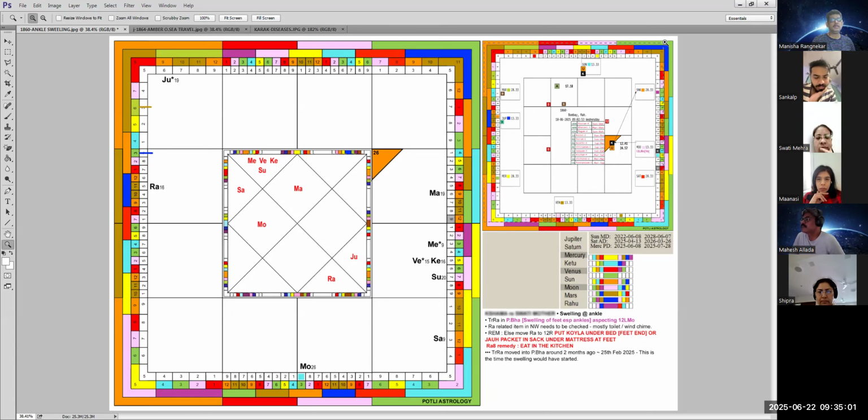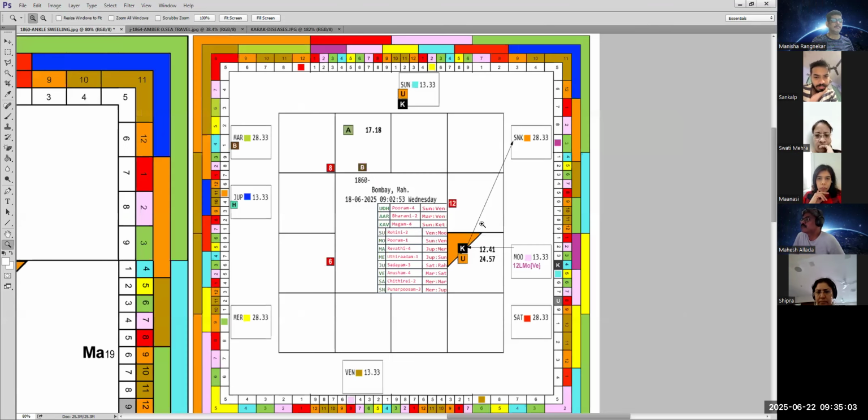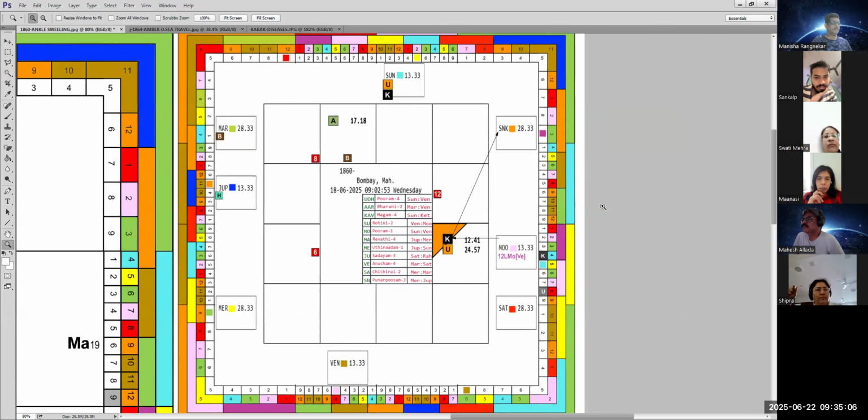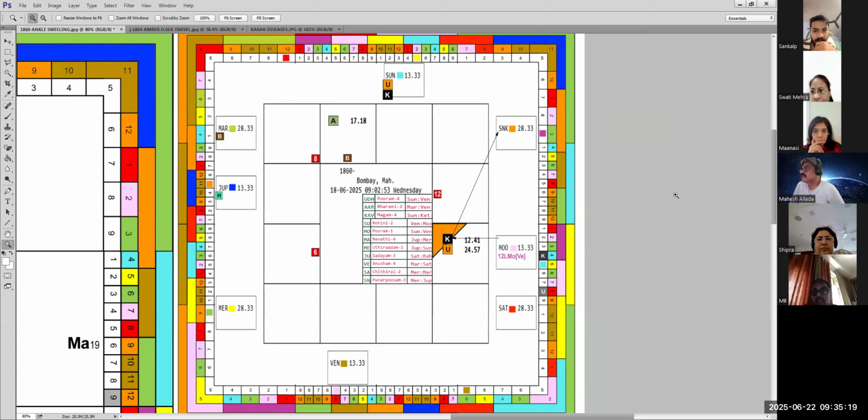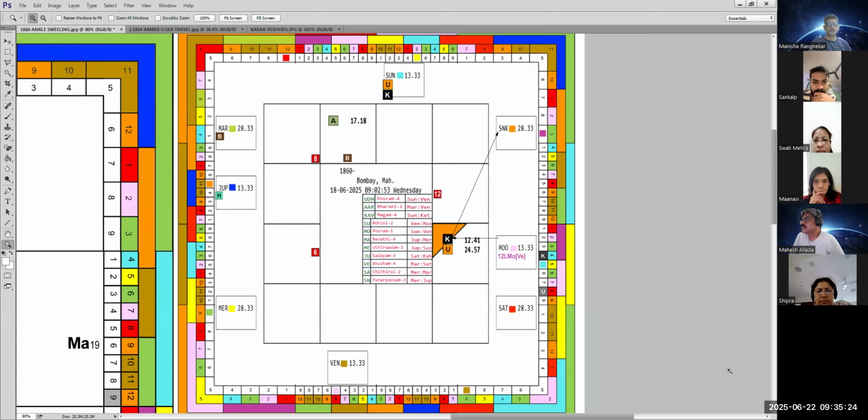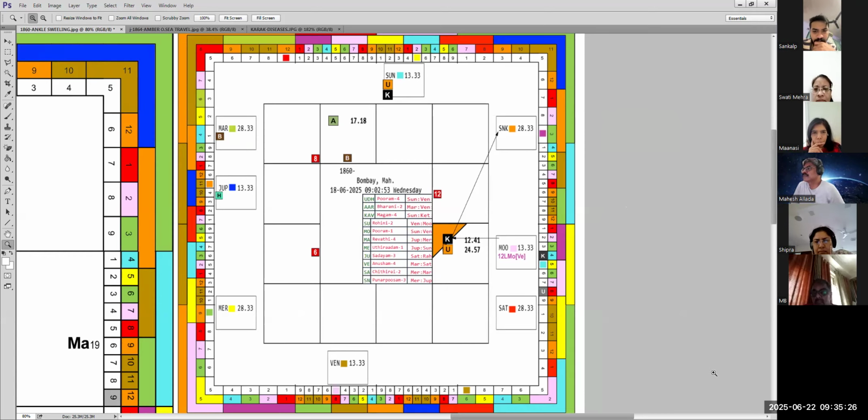Here, I normally cast the Jamapal chart first. So from here, what can you make out? What is going on? The leg is hurting.